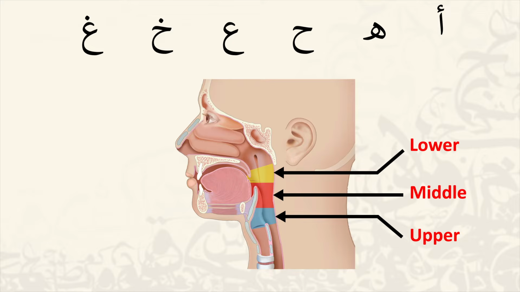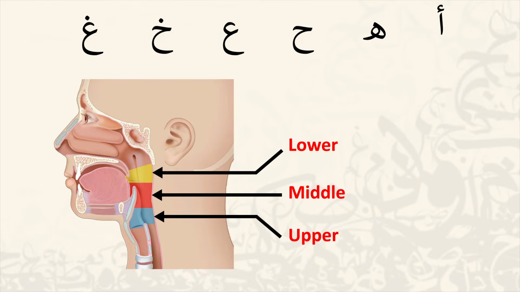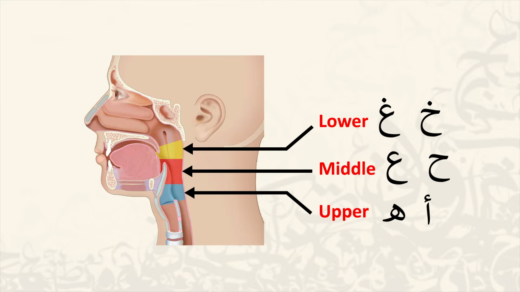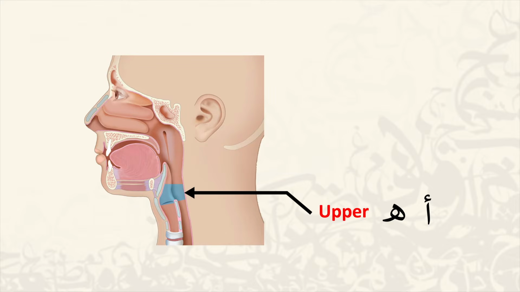By looking at these 6 letters, we discover that they're equally distributed throughout the entire throat. Letters a and he are produced from the upper throat. Letters ha and a are produced from the middle throat, and letters kha and gha are coming out from the lower throat.